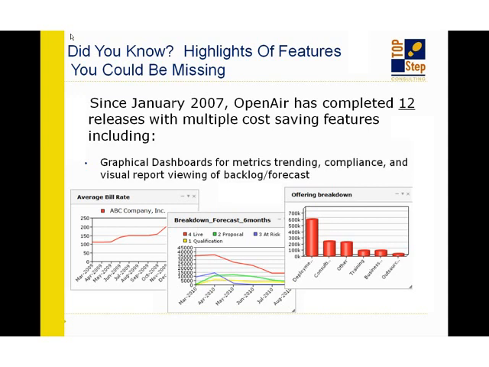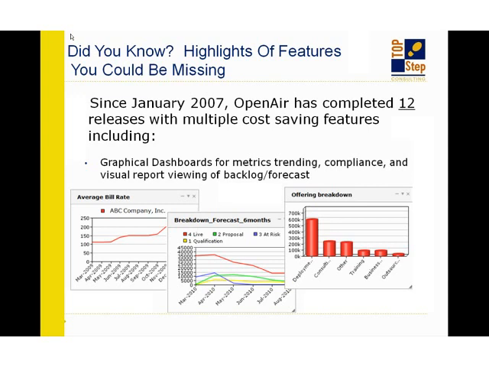And examples are on the screen here with tracking an average bill rate, tracking your forecast, and breaking it down by what stage it is in the pipeline or your sales model. Tracking where your services time and where your services revenue is coming from.